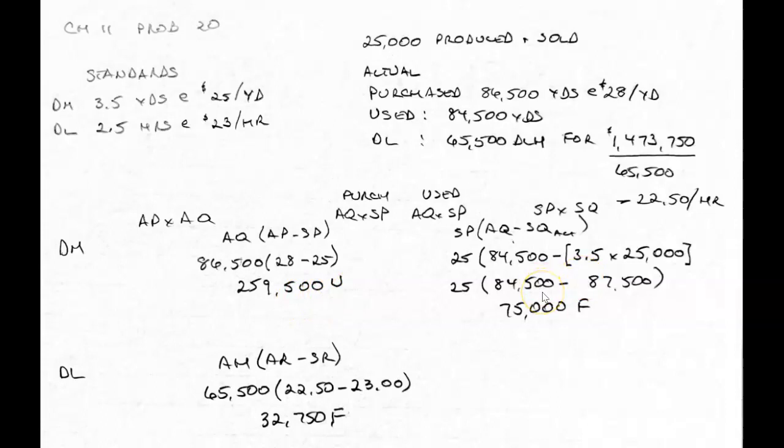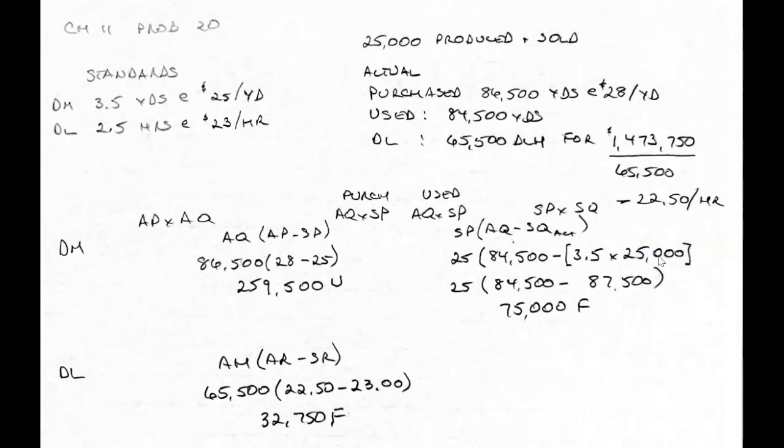And then I don't think they asked for this, but I put it in anyway because what I do is I just fill out the grid. So for standard price times the difference in quantity, but don't forget the standard quantity is for actual units produced. So 25,000, my standard price, times 84.5 minus 3.5 times 25. Okay, 3.5 times 25,000.